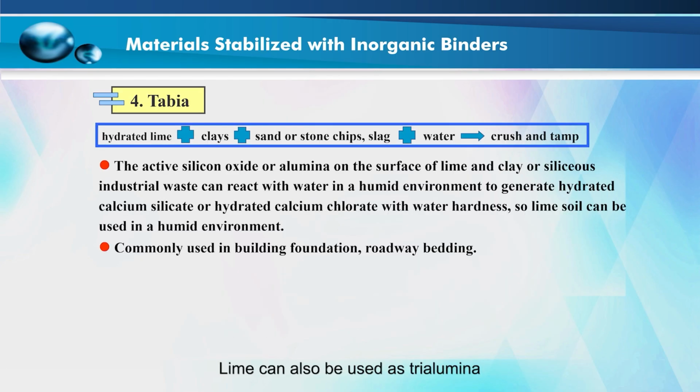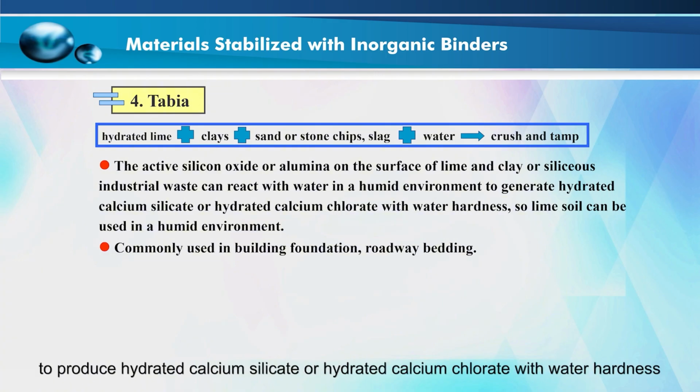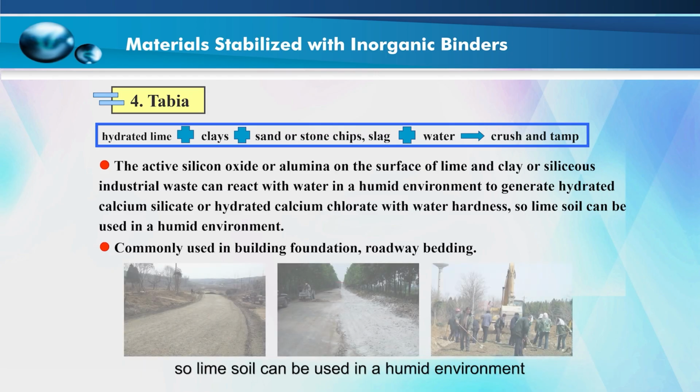Lime can also be used as trilime soil. The active silicon oxide or alumina in lime and clay or siliceous industrial waste can react with water in a humid environment to produce hydrated calcium silicate or hydrated calcium aluminate with water hardness. So lime soil can be used in a humid environment.